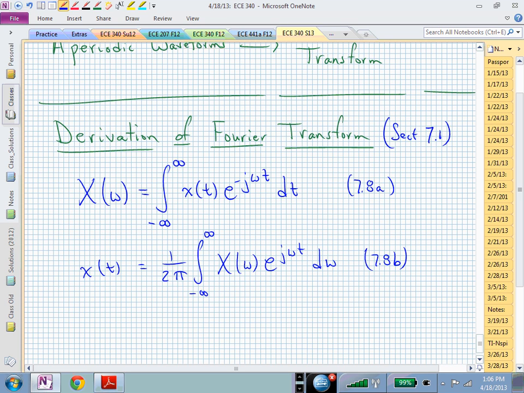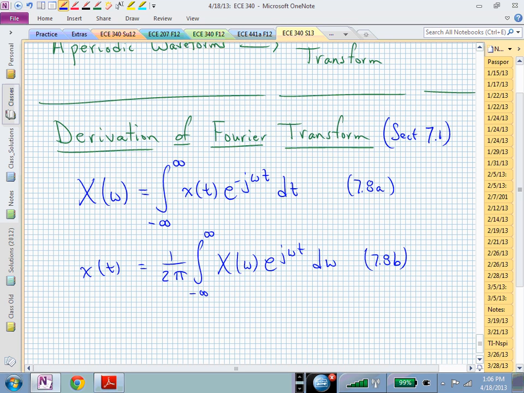And then you would take that x of t and you'd say, okay, I'm trying to see how strongly correlated x of t is to sines and cosines at 10 radians per second, because I'm integrating over the entire time history of x of t. So whatever x of t looks like, I'm trying to say, how does that look like 10 radians per second? And this will tell me with a complex number, but we could take its magnitude and get a feel for its magnitude. This tells us then the frequency content. This is the analysis equation.